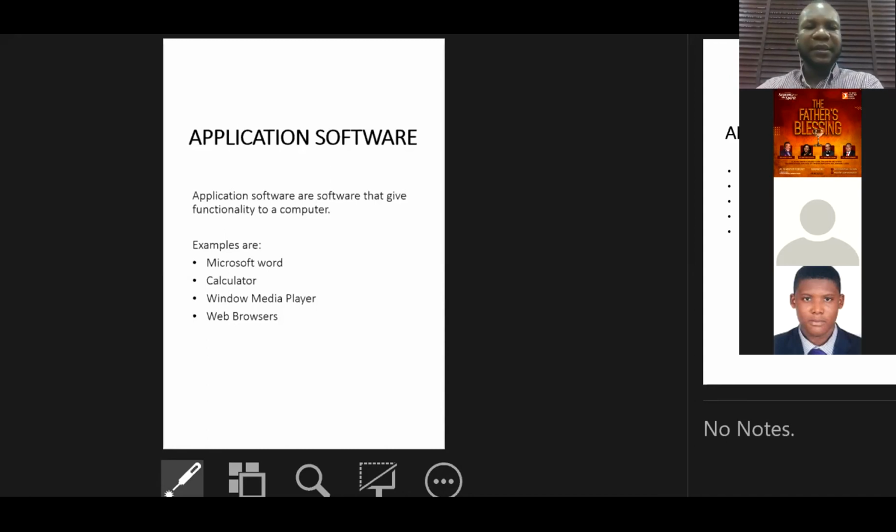So which means a computer can do anything. What determines what a computer can do is the application software that is installed on the computer. If you want a computer to become a calculator, for example, all you need to do is install a calculator application.